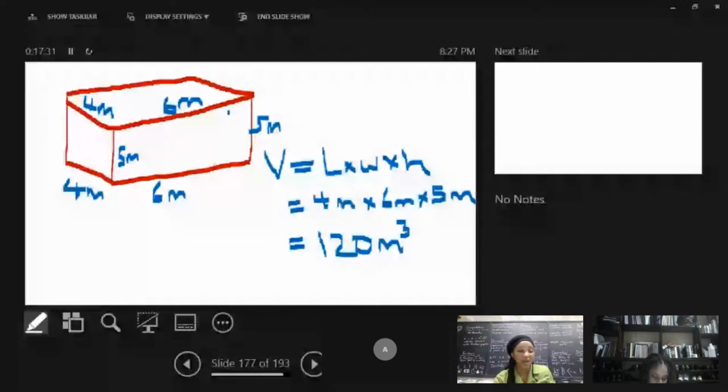So volume is the space on the inside of the three-dimensional object, the space available on the inside. In other words, if I were to pour some liquid, and another name for volume is capacity when we're talking about fluids, if I were to pour something into that empty space, how much space would it take up?